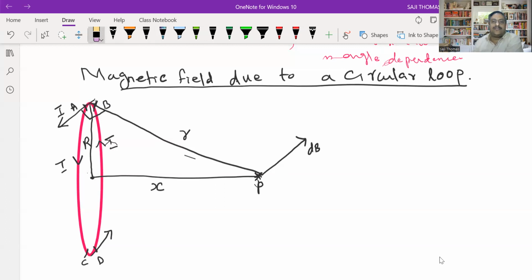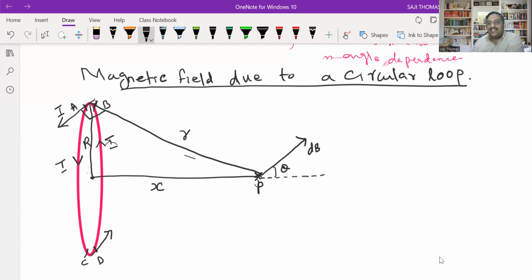If you extend the x direction, the dB makes an angle theta with the x-axis.